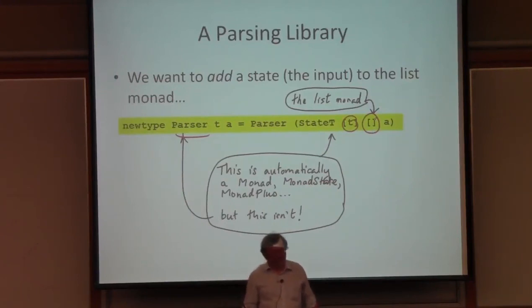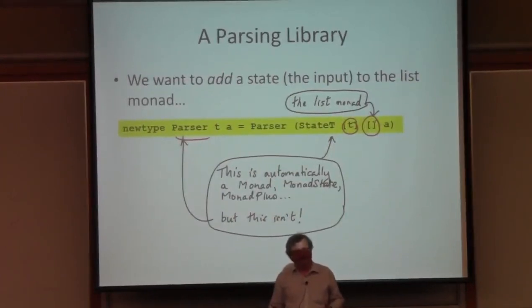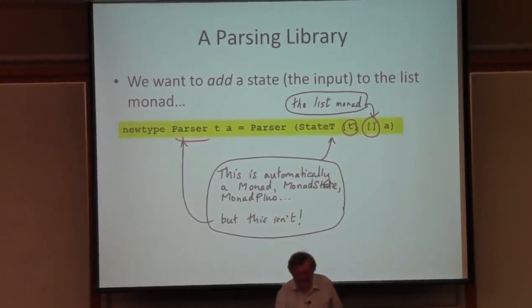So what could I do now? Well, I could write a monad instance for parser that just strips off the parser constructor and puts it back in the right places. So it would be a very trivial instance to write that would just use the underlying operations on the parser type. And I could do the same for monad state and for monad plus and so on. And a few years ago, that's really what you had to do. But it's very, very tedious.